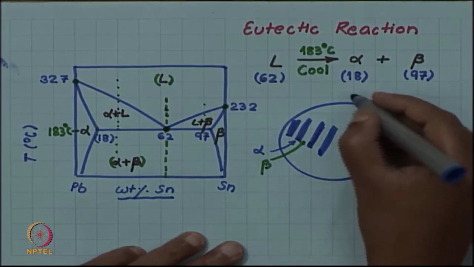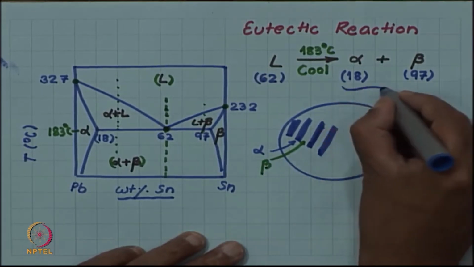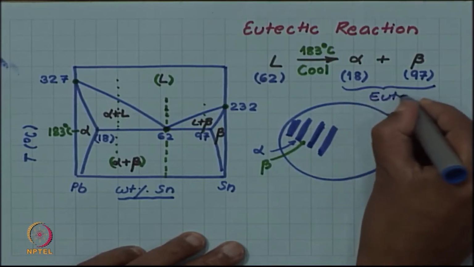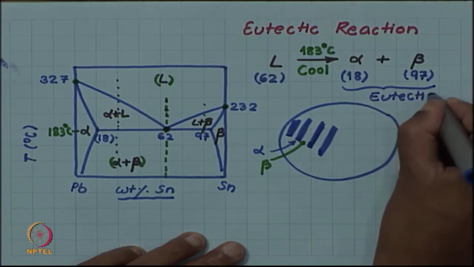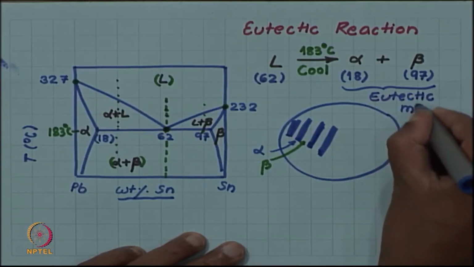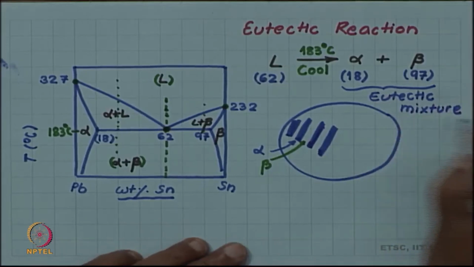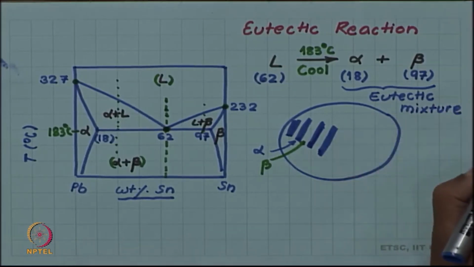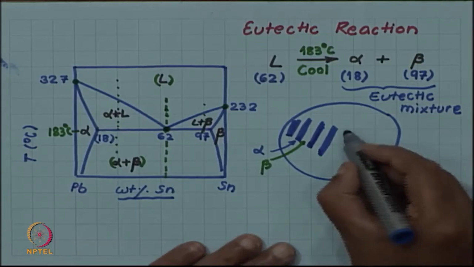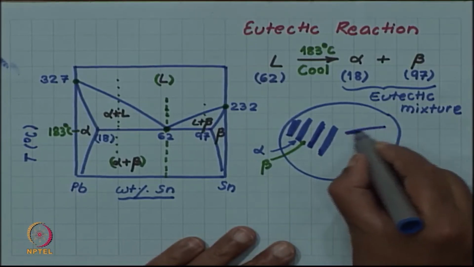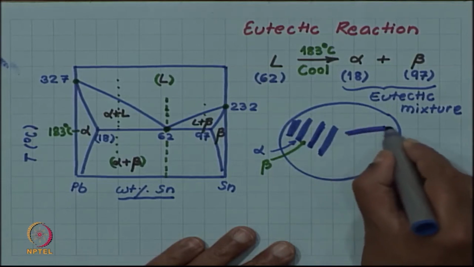This is called a eutectic. The product of a eutectic reaction is called a eutectic mixture. And just like you had different orientation of crystal in an isomorphous system, here also in different region the alpha and beta plates will nucleate, but they will not have the same orientation.